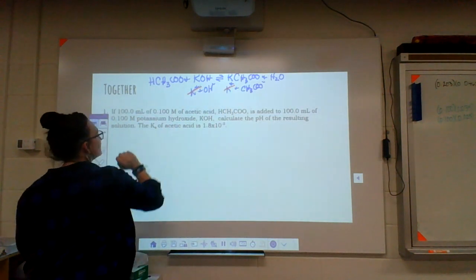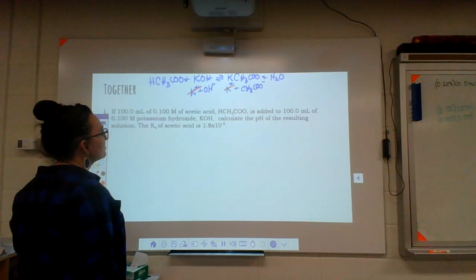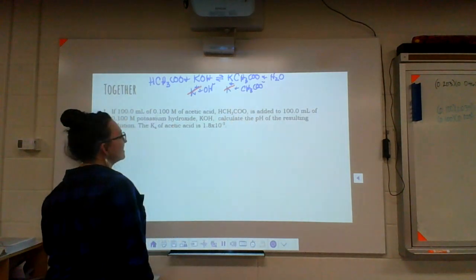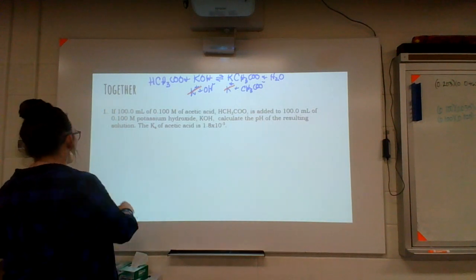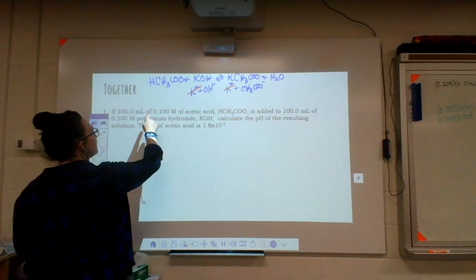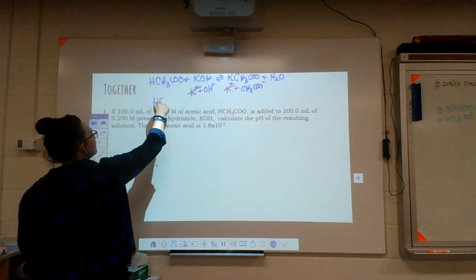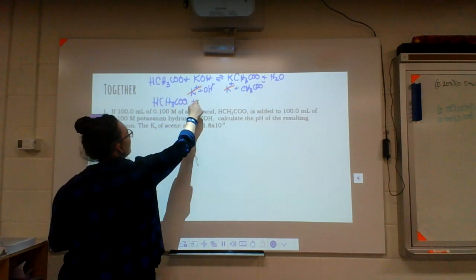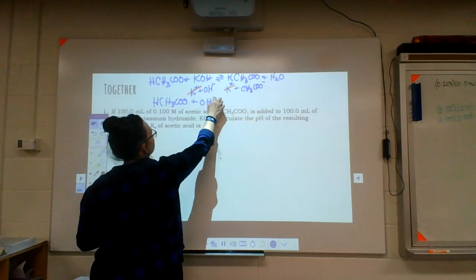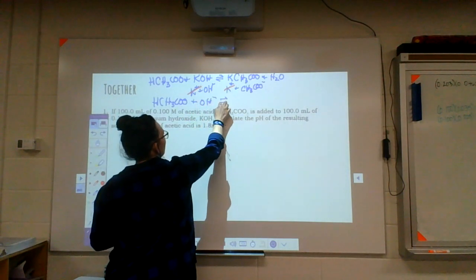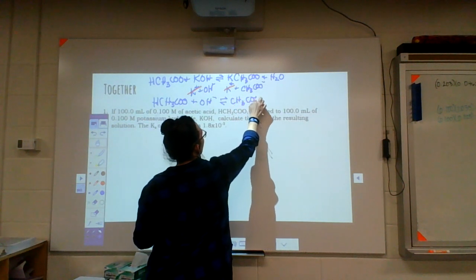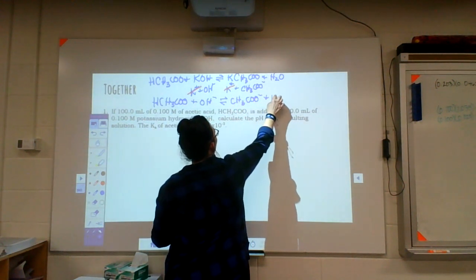My weak acids are not going to dissociate as much, and so my acetate ion is not a spectator. So my net ionic equation here will be the acetic acid plus the hydroxide ion produces acetate ion and water.